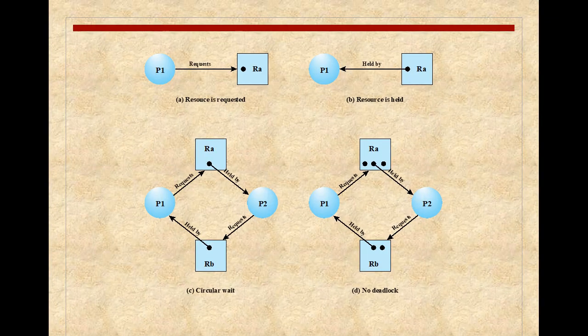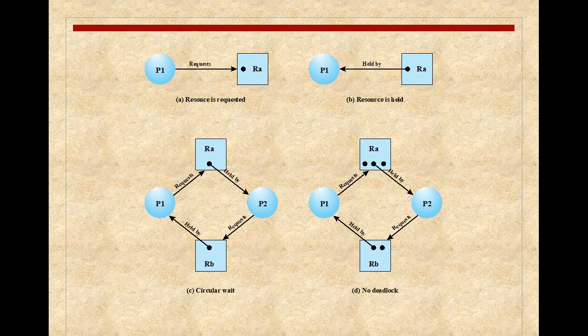Now this is an example of a resource allocation graph. So look here, a circle represents a process and a square represents a resource. For example, P1 is requesting a resource in figure A. In figure B, resource A is held by P1. If you look here in figure C, we have a circular wait.